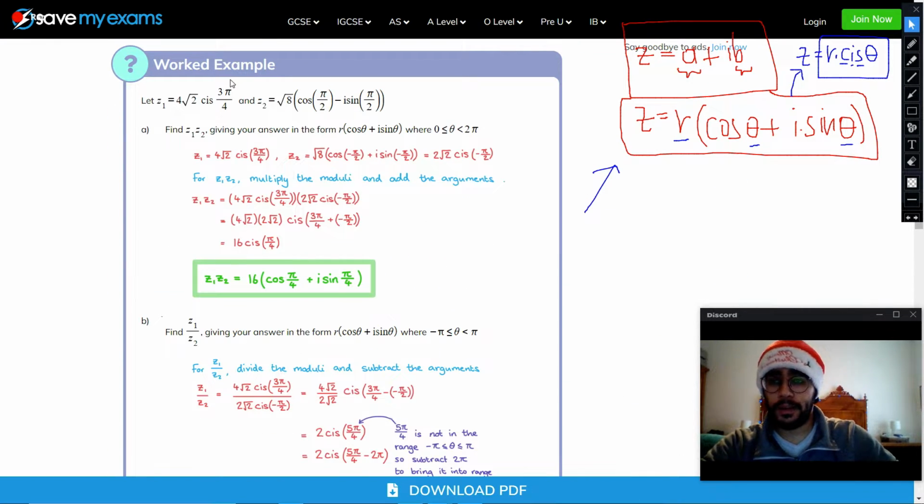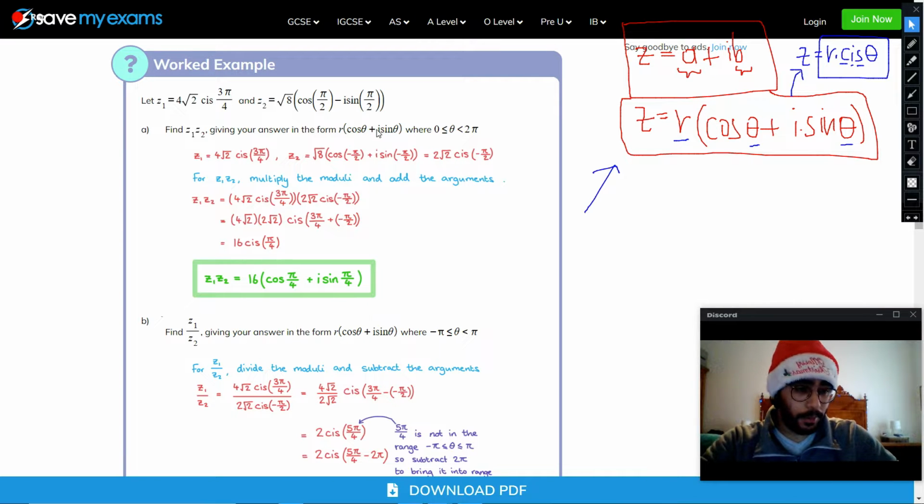Okay, so we have z1, which is 4 root 2 CIS 3 pi divided by 4, and then you have z2, also written in the polar form, but not abbreviated. That's fine. It says find z1 times z2, giving your answer in the form r cos theta plus i sin theta, where theta should be between 0 and 2 pi.